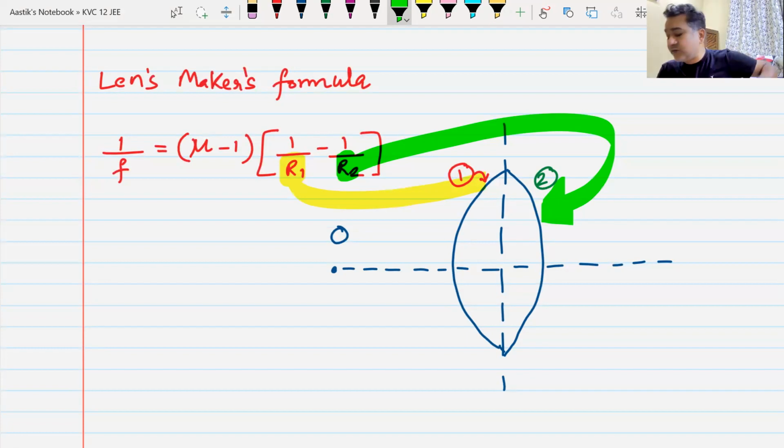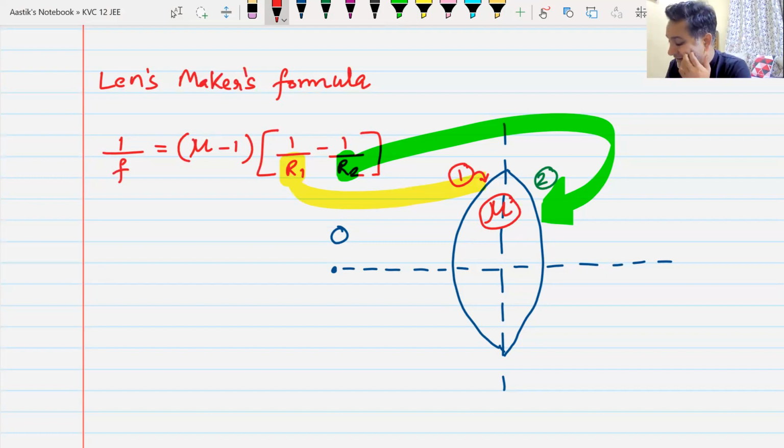Now in this lens maker's formula, mu is the refractive index of the medium with respect to air. The better way to write this lens maker's formula is to write it with respect to the medium surrounding it.